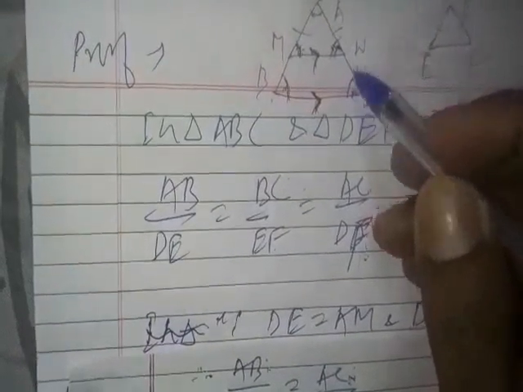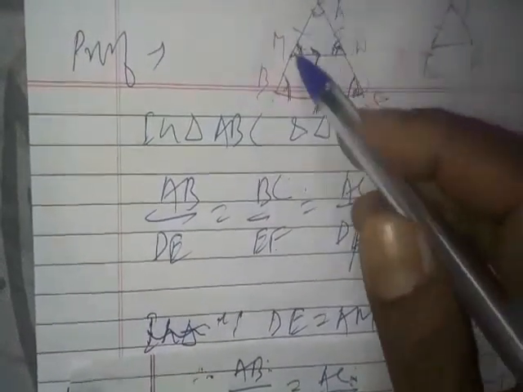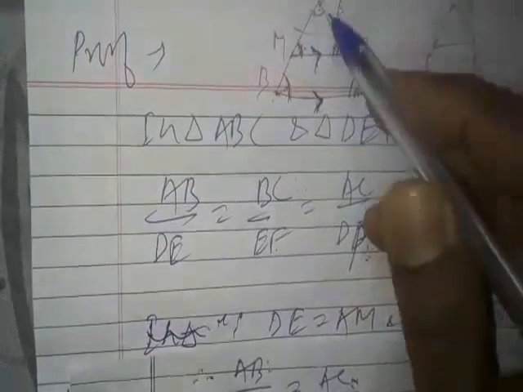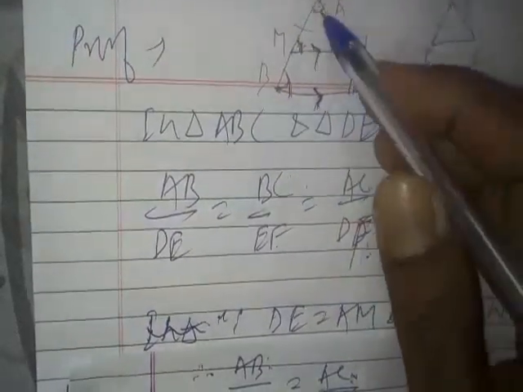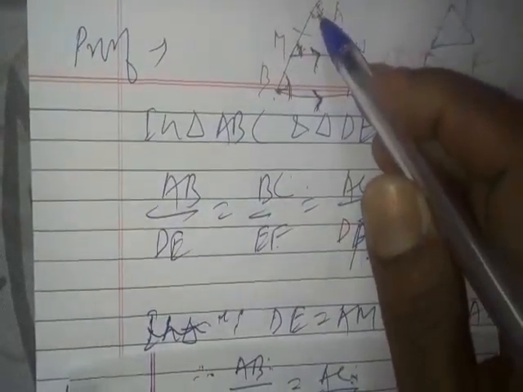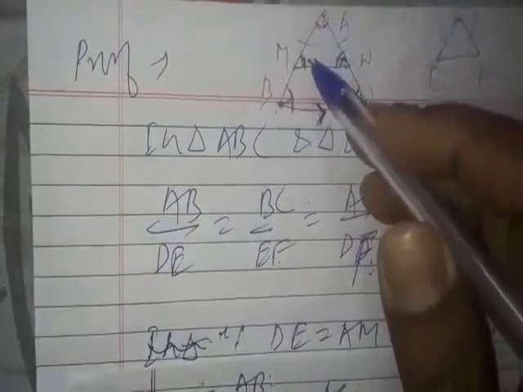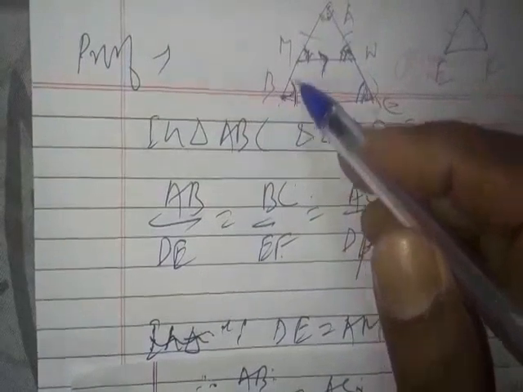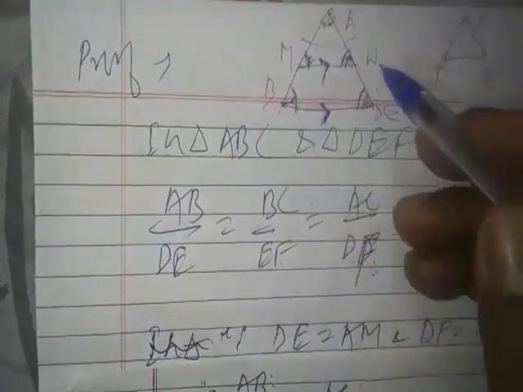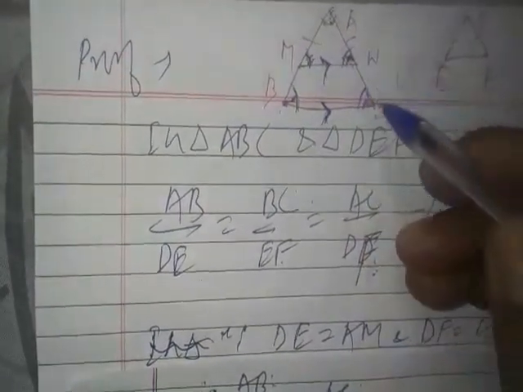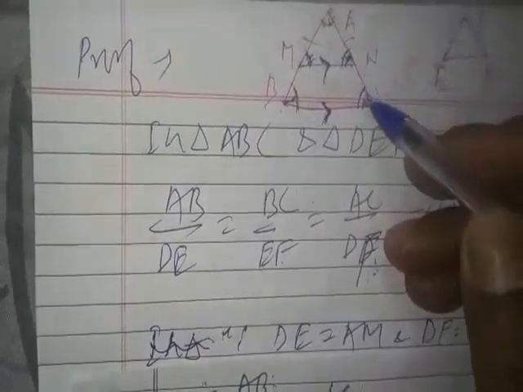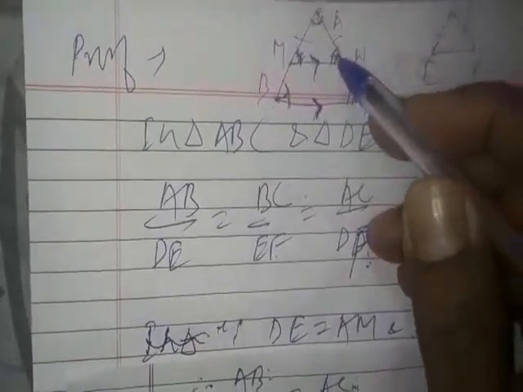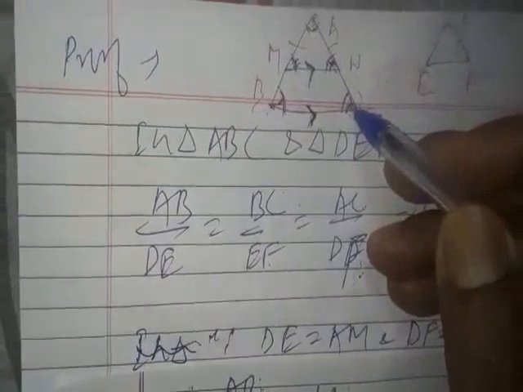If we take triangle AMN and triangle ABC into consideration, we see that this angle is the common angle in both triangles, and angle M and angle B, as we have proved earlier, are corresponding pair of angles. Similarly, angle N and angle C are equal to each other, as we have proved earlier that they are corresponding pair of angles. Now what do we see?